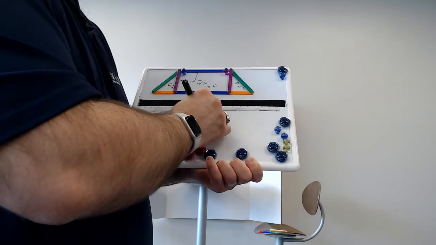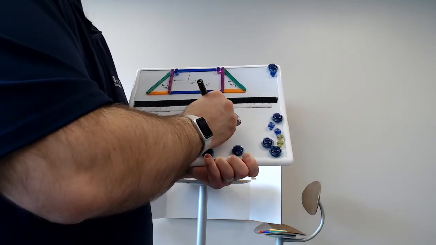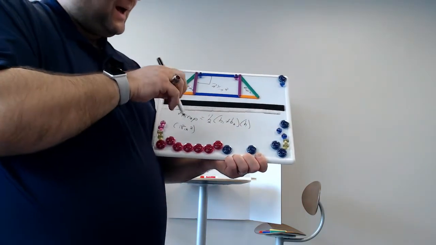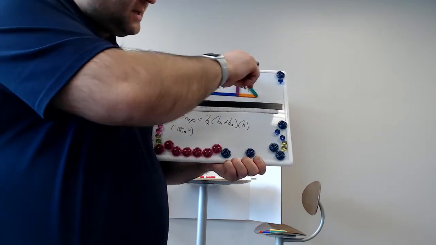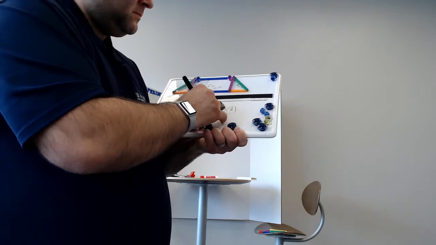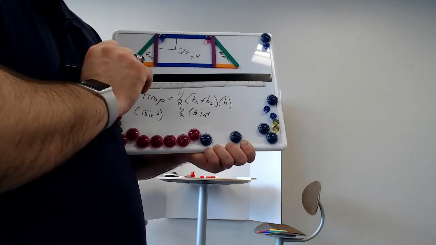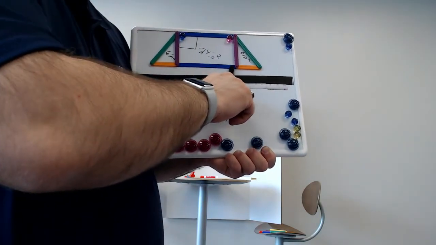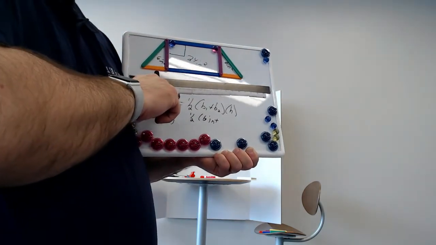Using the formula 1/2 base 1 plus base 2 times our height. I told you before that base 1 is 6 inches, but base 2 is 9 inches. 6 plus 3, I forgot to add this other 3.